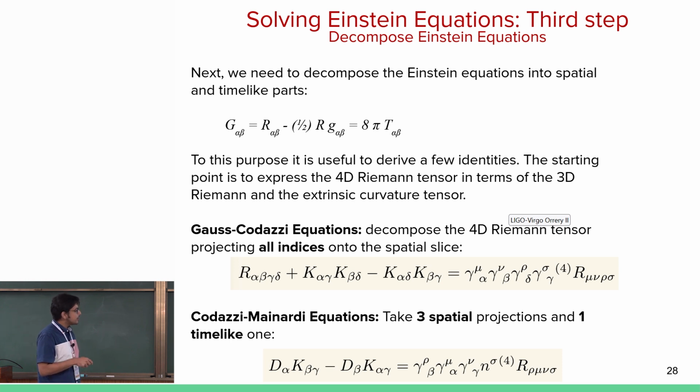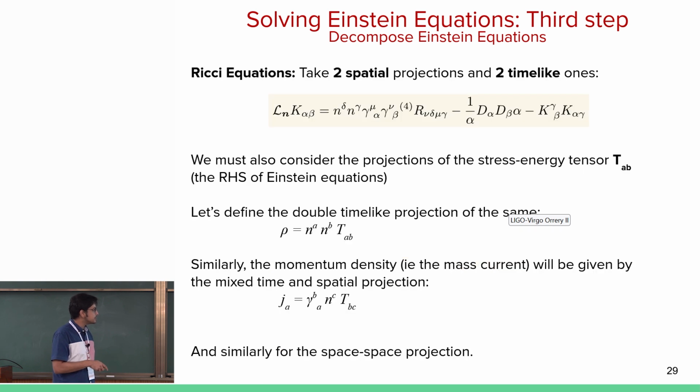Okay? Now, instead of projecting all of them onto the spatial slice, if I only project 3 of the indices and project 1 along the time-like direction, I am bound to introduce some derivatives on the left-hand side, which is exactly what we find. So, this particular projection is related to the derivatives of the extrinsic curvature here. These form the Codazzi-Mainardi equations.